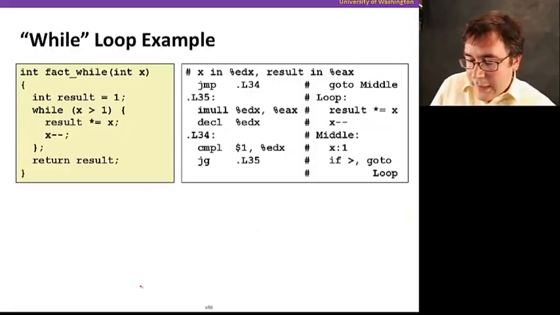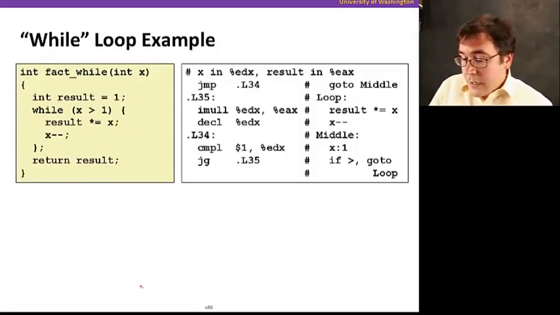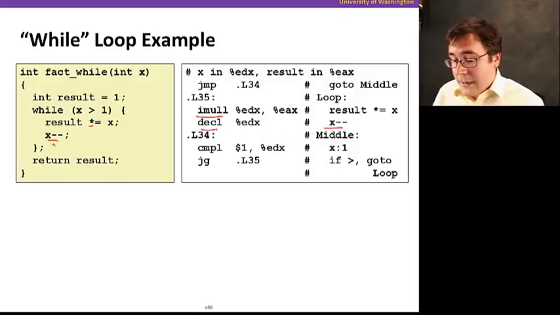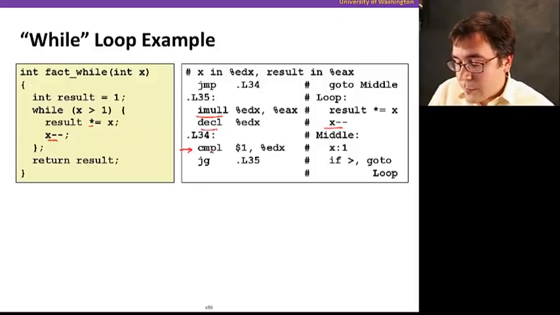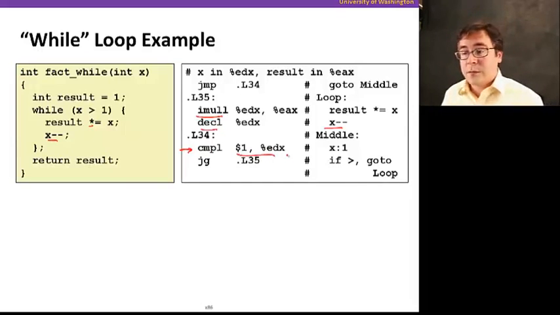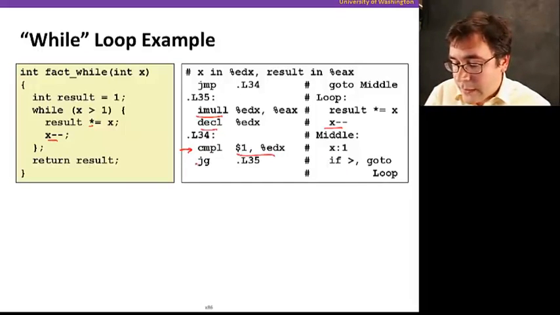Okay? So similarly to the do while example, we have a multiplication that's implementing this multiplication here, the decrement here, which is decrementing x. Now here, this is where the comparison happens. We're comparing edx with 1, and if it's greater than, we jump back to the beginning of the loop. Okay?